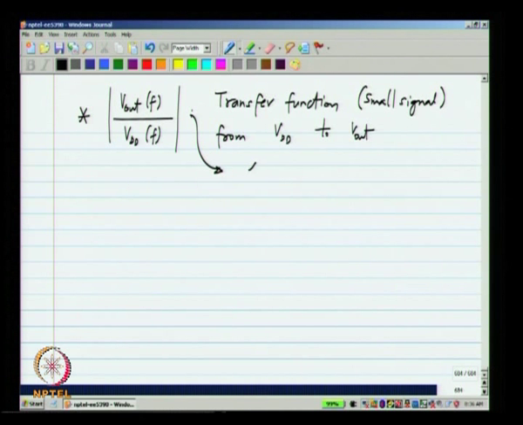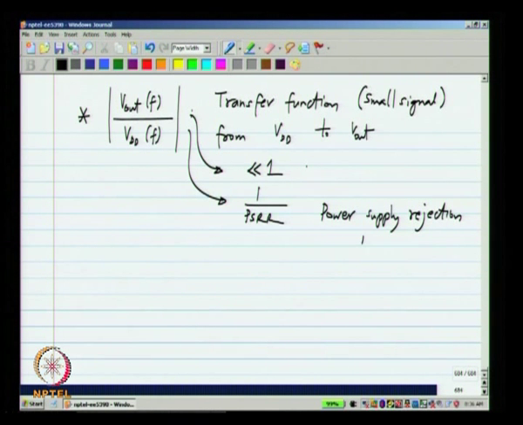Naturally this number must be much smaller than 1. And the inverse of this is referred to as 1 over PSRR, where PSRR refers to the power supply rejection ratio.